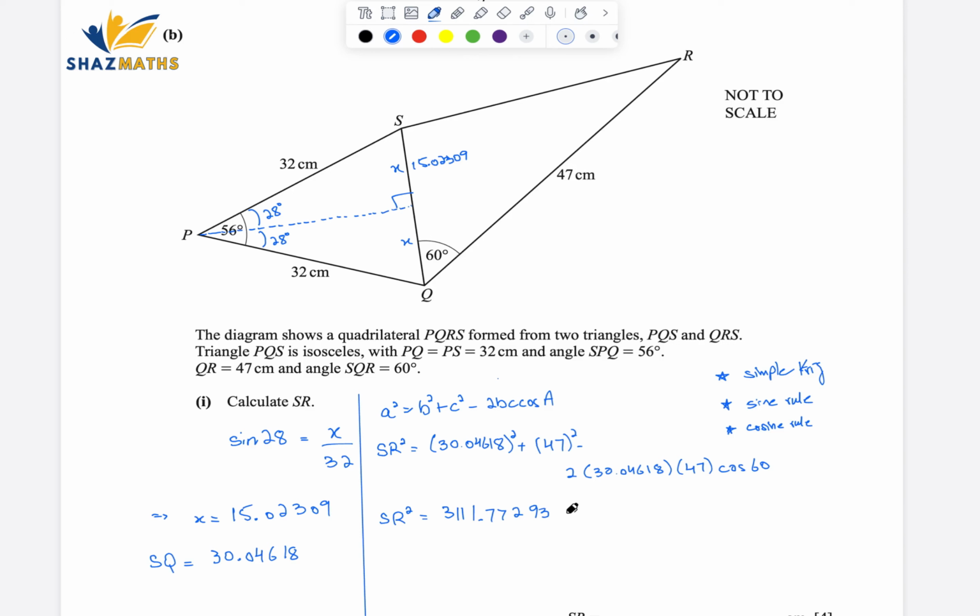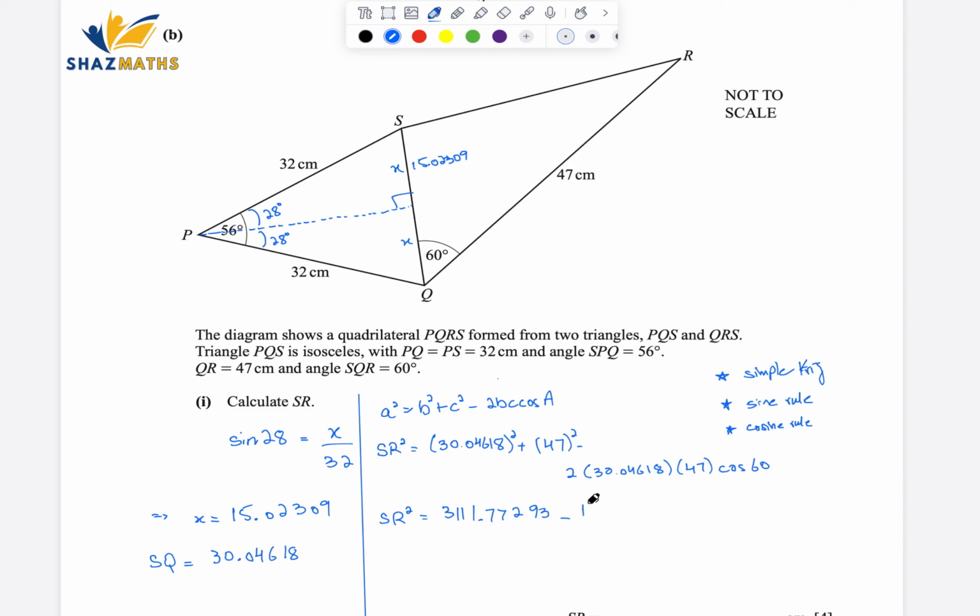3111.77293. Okay, minus, let's simplify this one, so it would be 2 times 30.04618 times 47 times cos of 60, which is 1 by 2.